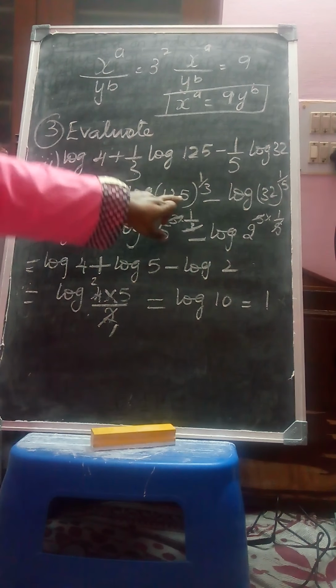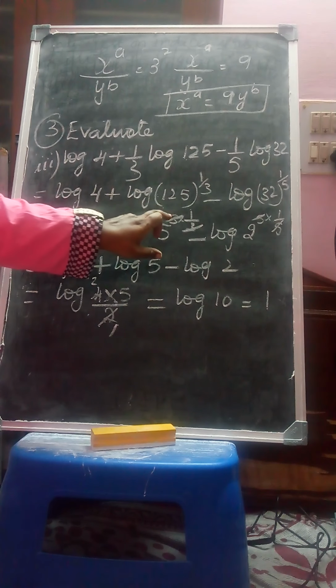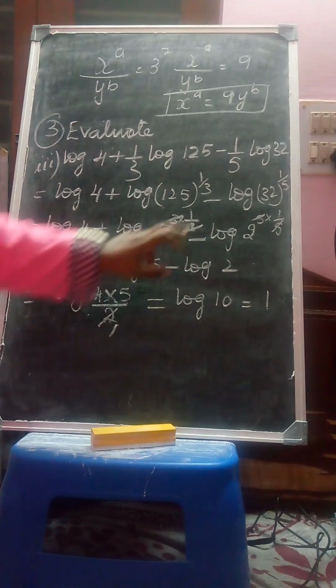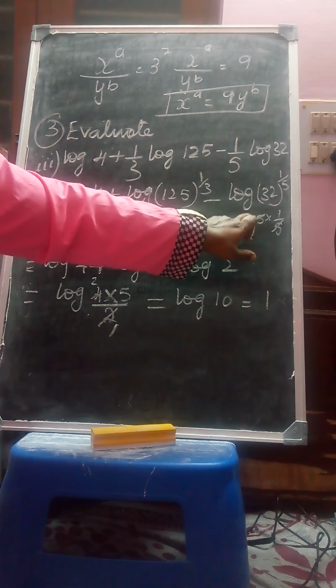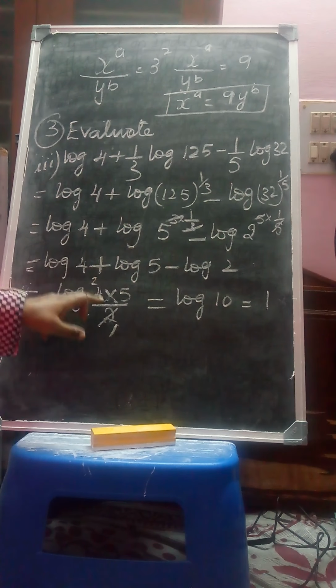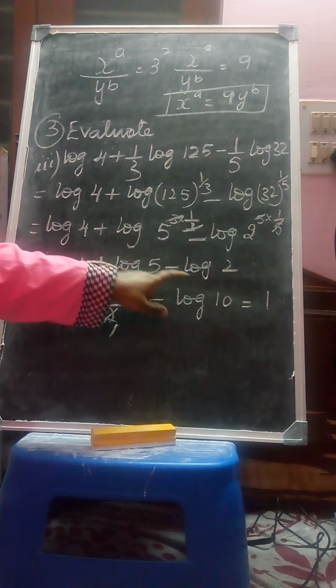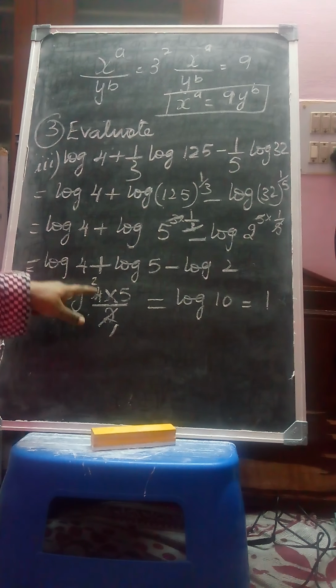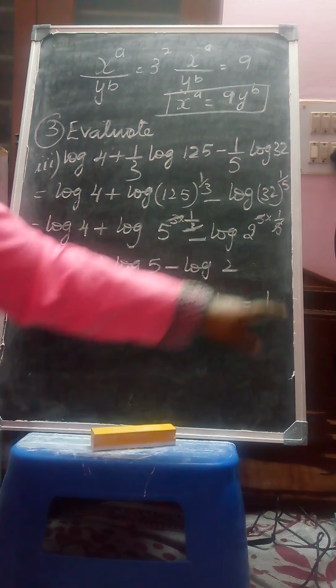See here, 125 is 5 cube, 3 into 1 by 3, so 3 gets cancelled, 5 raised to the power of 1 is 5. Here 32 is 2 raised to the power of 5, this 5 and this 5 get cancelled, so 2. Now this is plus, so product. This is minus, so it is quotient, it will come down. So log 10, which is 1.